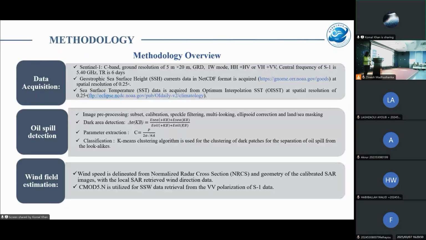Wind field data is important because of wind direction. It was estimated or delineated from the same SAR.